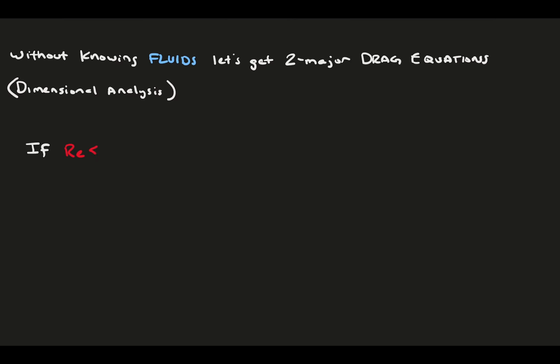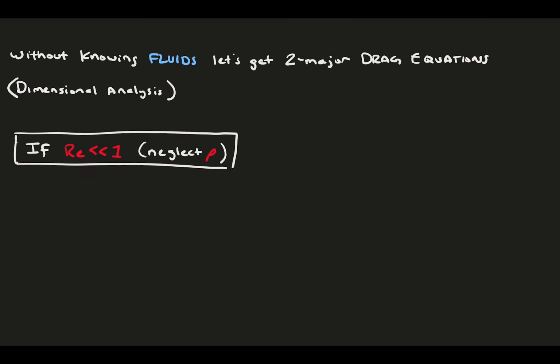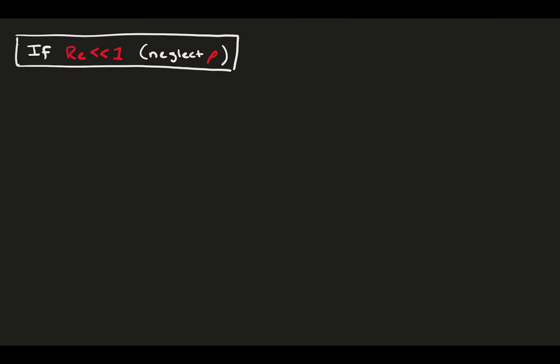You might recall that when the Reynolds number is very small, we can effectively neglect the density because the inertial forces can be ignored. This means drag is purely due to viscous forces. If we neglect density, we have the following major variables to consider: our drag force, which here we call F to be general, viscosity, a length scale L, and velocity.